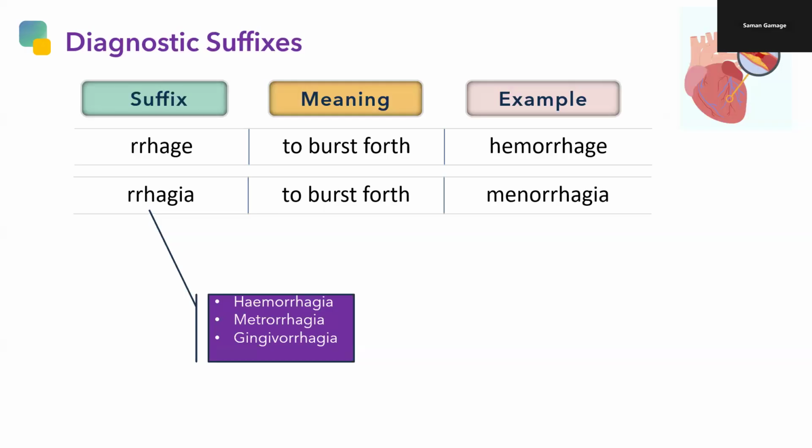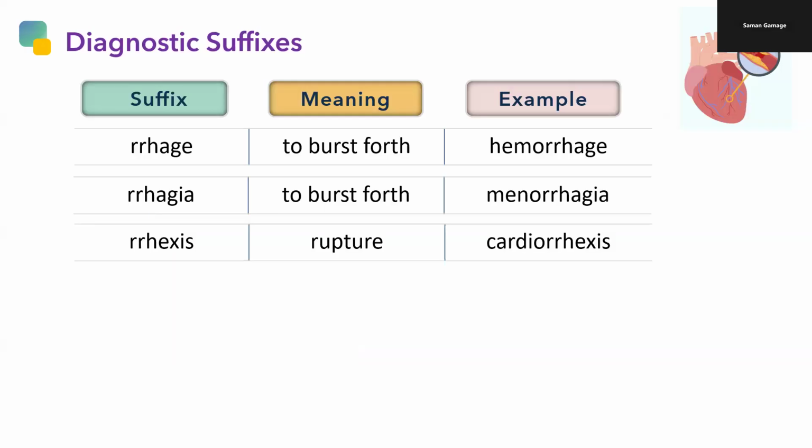Gingivorrhagia means bleeding from gums. Rhexis is rupture. Cardiorhexis. You may remember last time during the live presentation and also in the last video, we did an example of coding cardiorhexis.